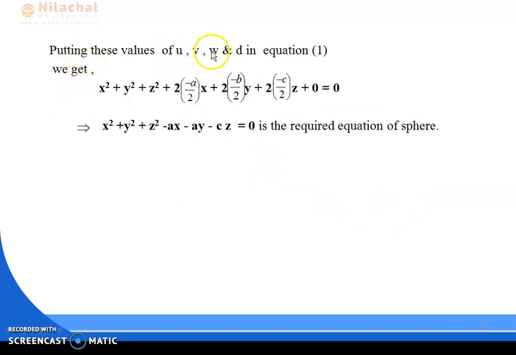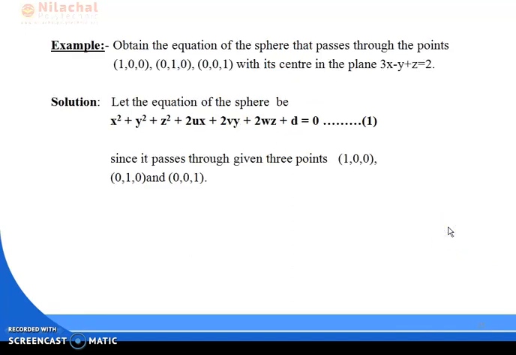Putting these values of u, v, w, d in equation number 1, we get x square plus y square plus z square plus 2 into minus a by 2 into x plus 2 into minus b by 2 into y plus 2 into minus c by 2 into z plus 0 equals 0. The 2s cancel, here also, and here also. Then we get x square plus y square plus z square minus ax minus by minus cz equals 0, which is the required equation of the sphere. So let's see another example.